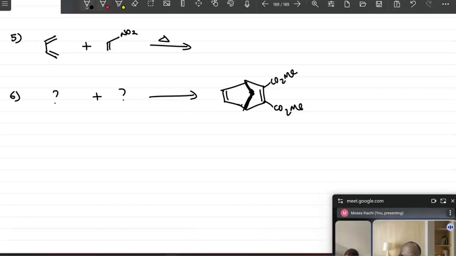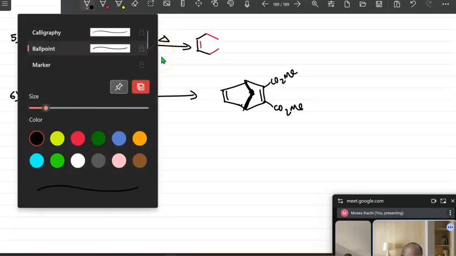Okay, so as usual, I label A, B, C, D, E, F, then connect A to F, E to D, this goes over, and the other piece.